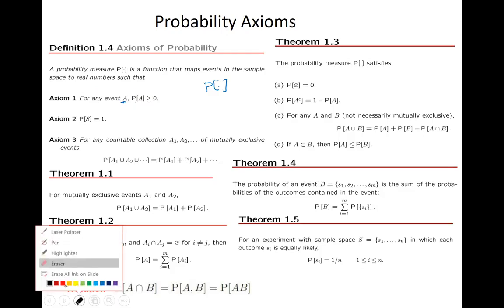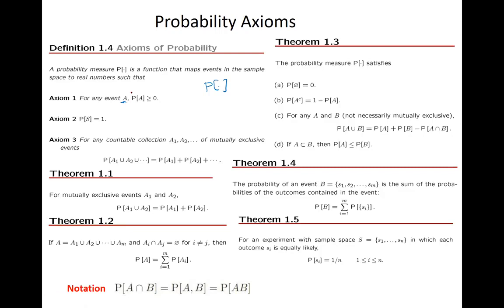Sorry, let me. So probability of A is greater than or equal to 0. So the minimum of probability measure is 0. Next, probability of S, here S is sample space, is unity, 1.